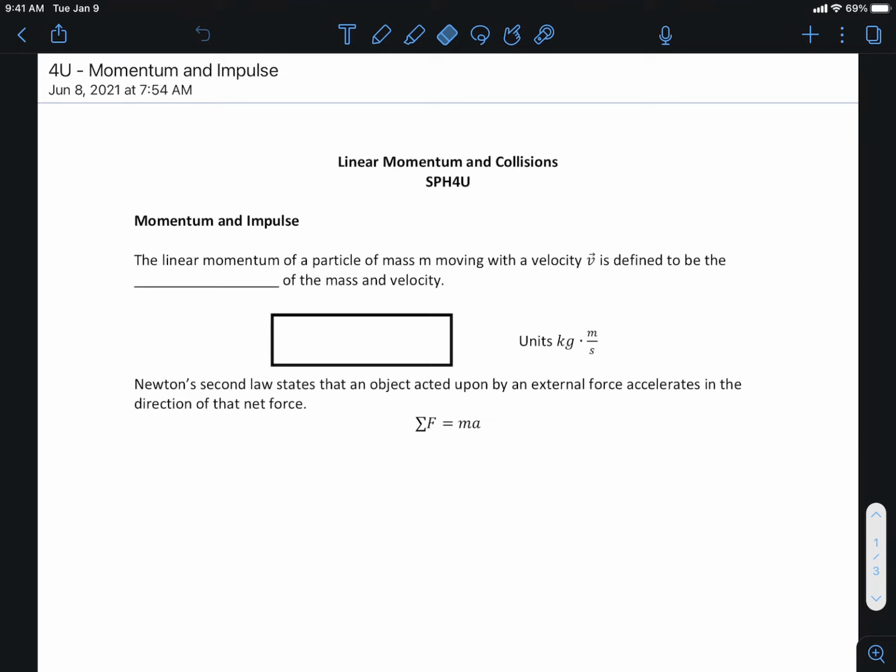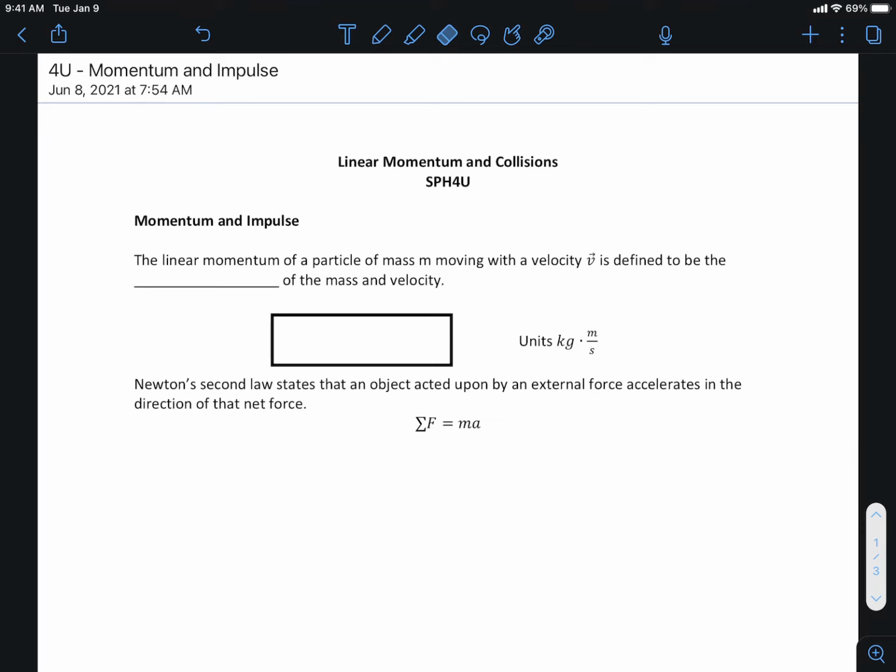So the linear momentum of a particle of mass m moving with a velocity v is defined. What you'll notice is that we said the velocity was a vector. It is defined to be the product of the mass and the velocity. That's pretty much exactly what I said: an object of mass m and its willingness to move in a particular direction, the direction and movement being controlled by the velocity vector.